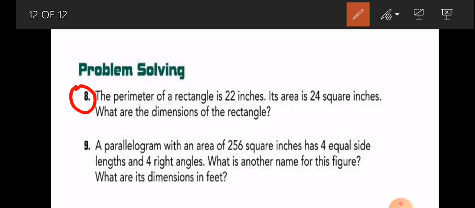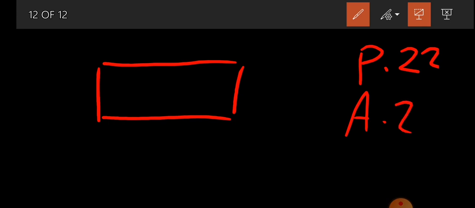And we want to get the dimensions. It means the measure of the sides of the rectangle. Here is the rectangle. The perimeter is 22. The area is 24. This is the information that we have.